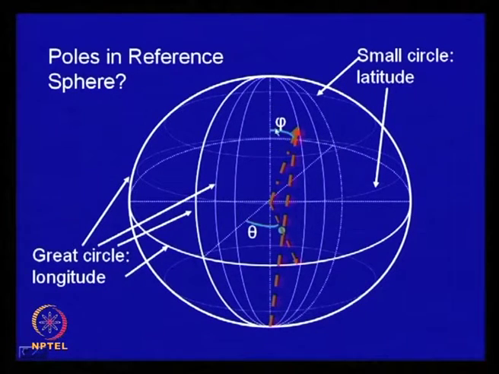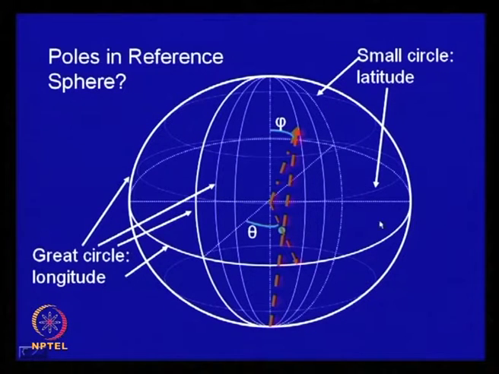This angle is phi, which is measured along this great circle. Another angle is theta. Say this is the line here, this great circle meets here, and this angle is theta. So, by these two coordinates theta and phi, we represent a point on the globe.